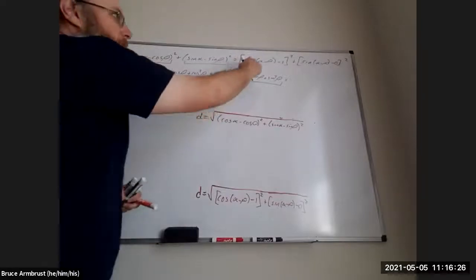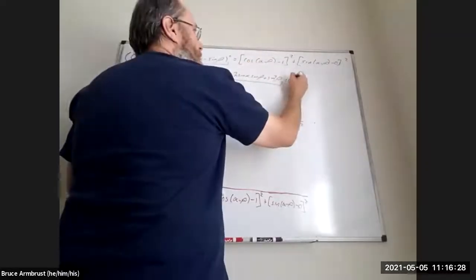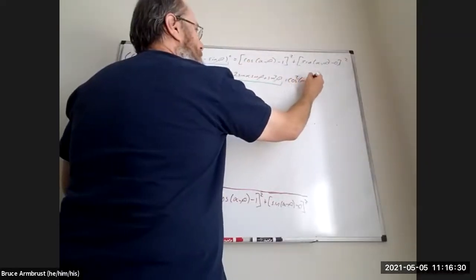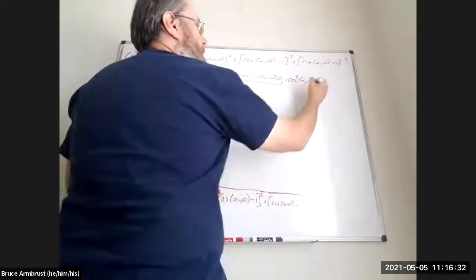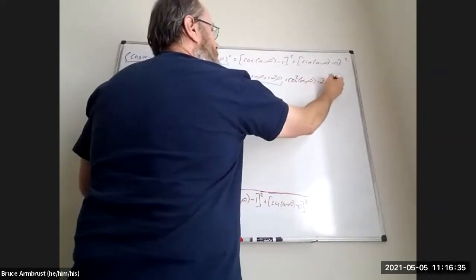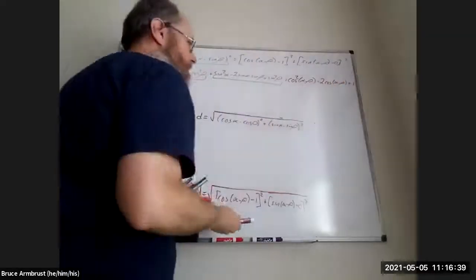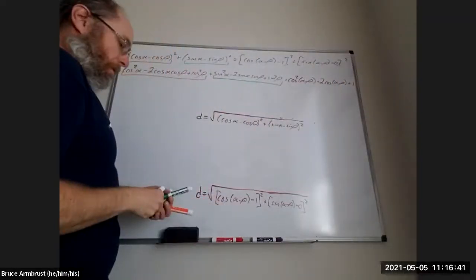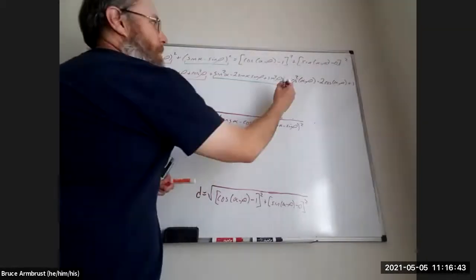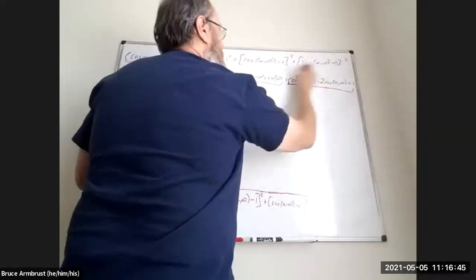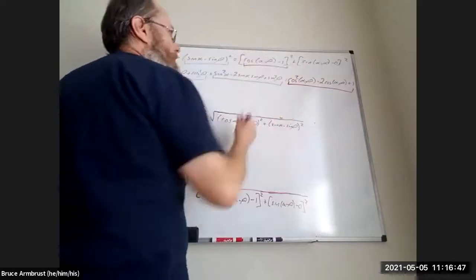Okay, so now we'll FOIL this part out. We're going to get cosine squared of alpha minus beta, minus 2 cosine of alpha minus beta, plus 1. So that was FOILing out this piece.